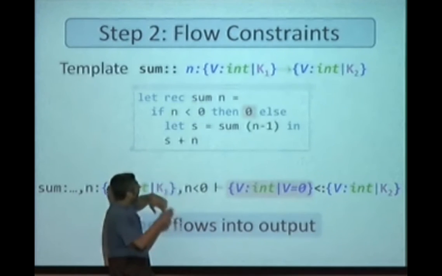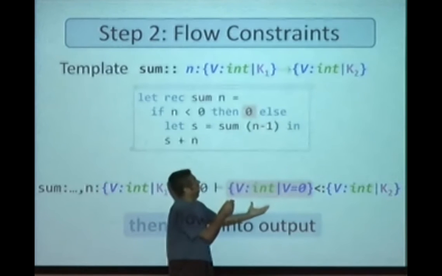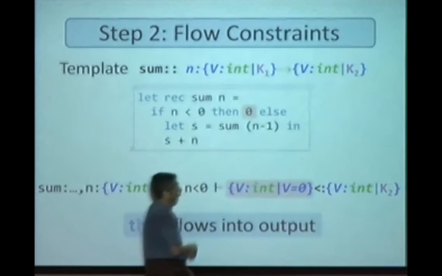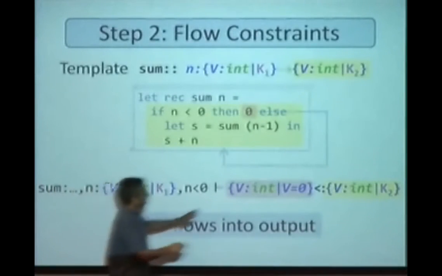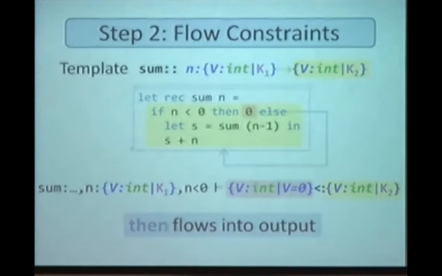Now the value of the then branch is value equals 0, the set of values that corresponds to the expression 0. So value equals 0 flows into the output, which is k2. So I'm going to say value equals 0 is a subtype of k2. This is the value flow constraint from the then branch.